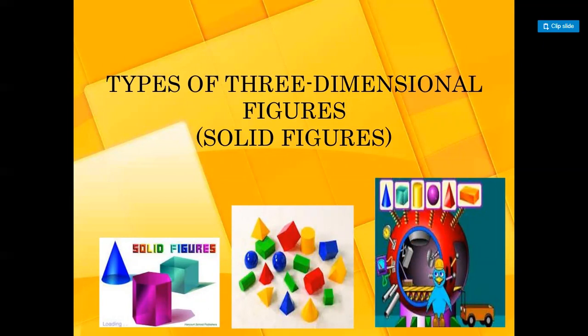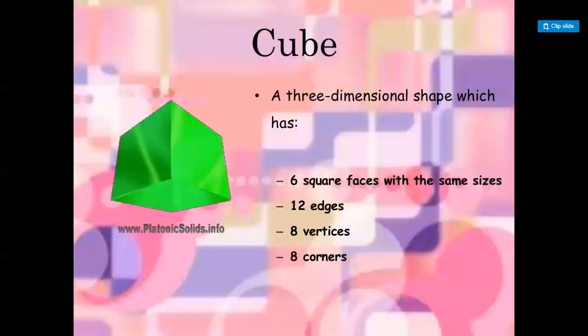Types of three-dimensional figures. Cube. So the first type of three-dimensional figure is the cube, and it has 6 square faces with the same sizes, 12 edges, 8 vertices, and 8 corners.